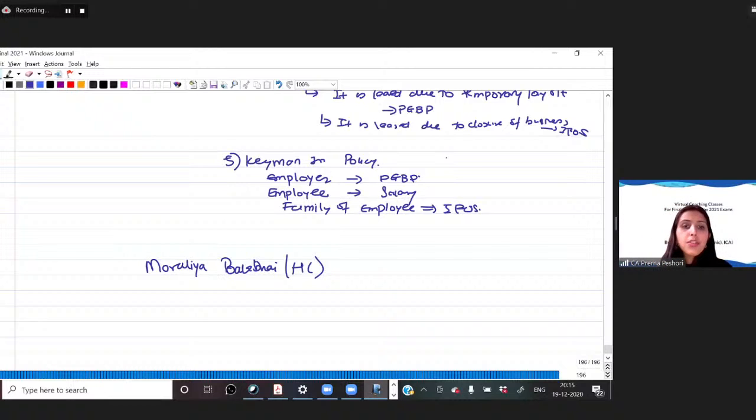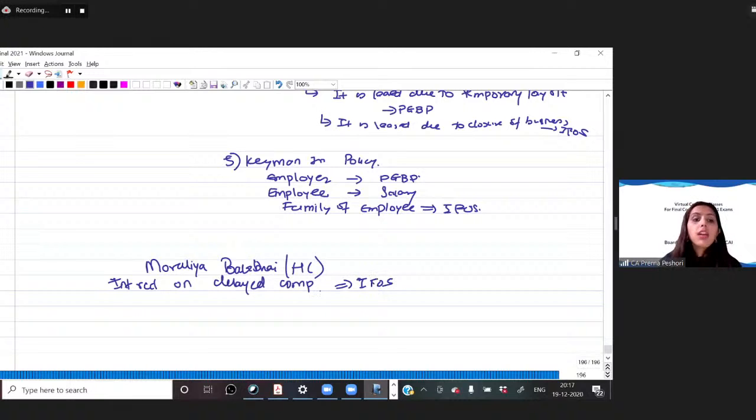Are you understanding the difference between the two? So if interest is received on delayed compensation, it is income from other sources. If interest is received as additional compensation, it is capital gains. Is it clear? Any doubts till now?